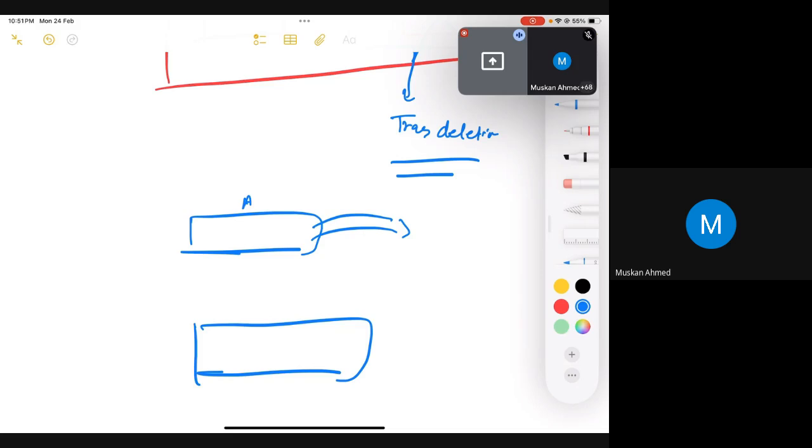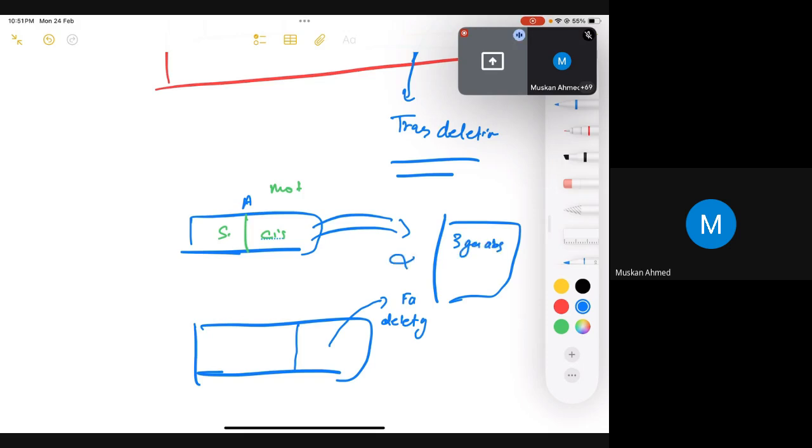For example, if this is the mother and she passed this cis variant, and the child is so unfortunate that he gets even a single deleted gene from his father, he will have three alpha genes absent. So you can have a severe form of thalassemia. Is that right? Yes.